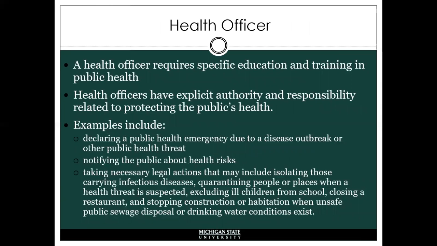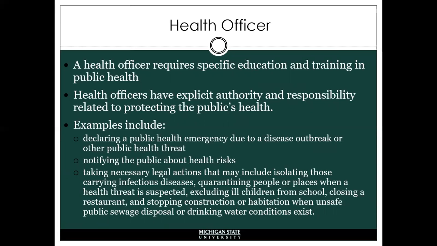Now, a health officer, I believe there are 44 of them at this point, so many more. I'd never heard of this position before I had this job. They are required to have special training in public health. However, they could have a variety of backgrounds. They could be a health educator, they could be a former environmental health employee. So it could be a variety of backgrounds and knowledge base.